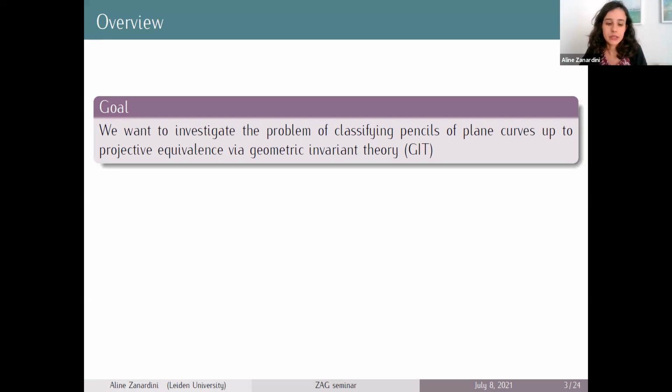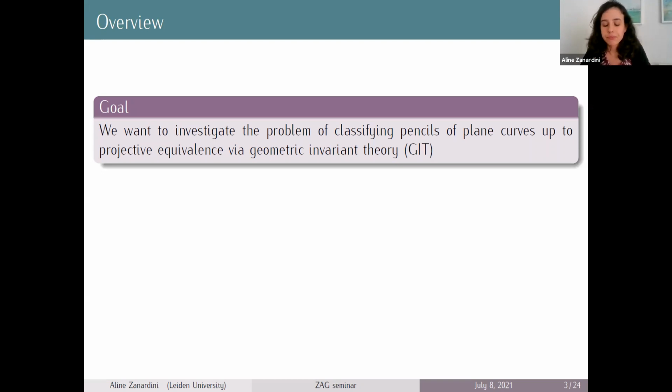The general framework of GIT tells us that in order to construct the classification space, the quotient, one needs to determine what the so-called semi-stable and stable points are. So my goal is to present you some stability criteria for this classification problem.